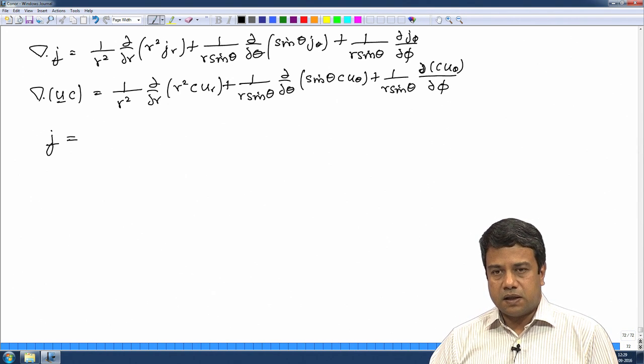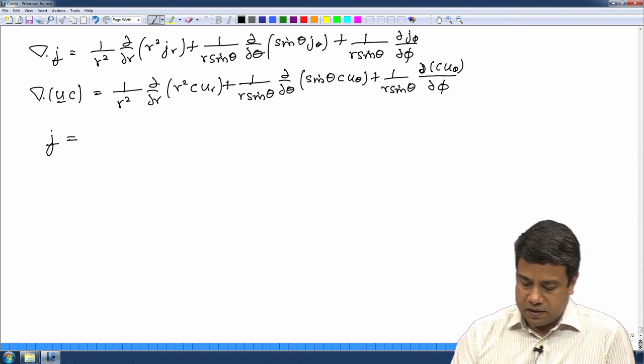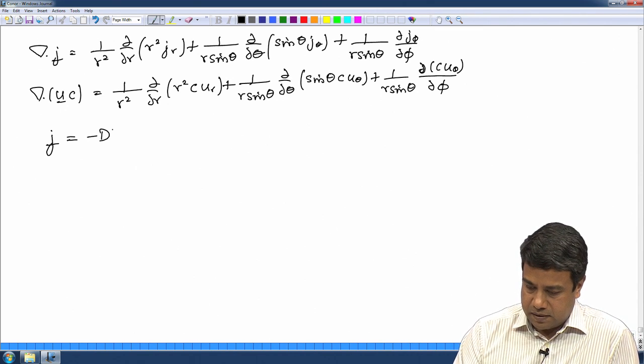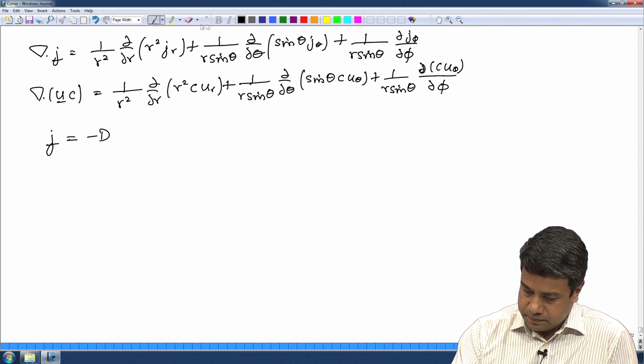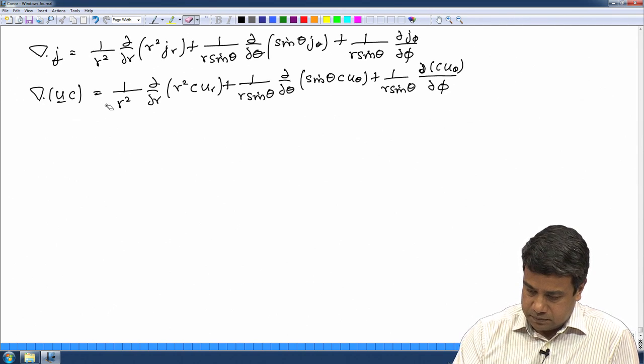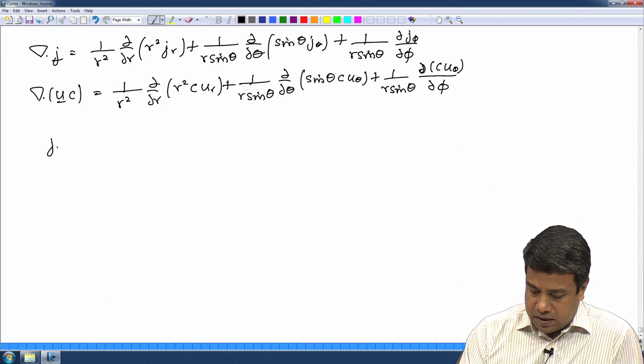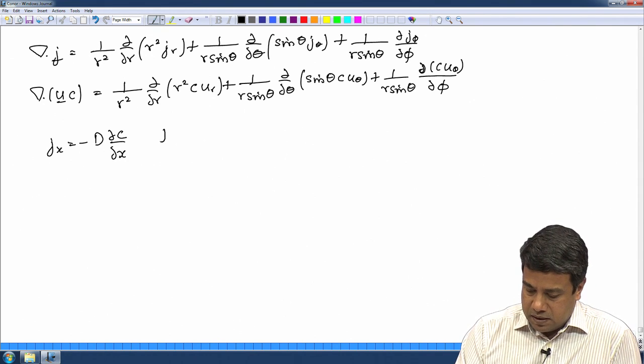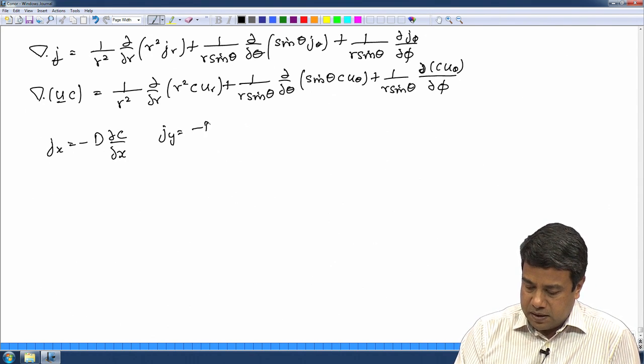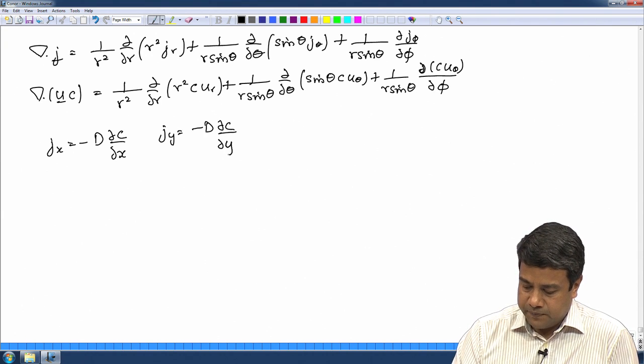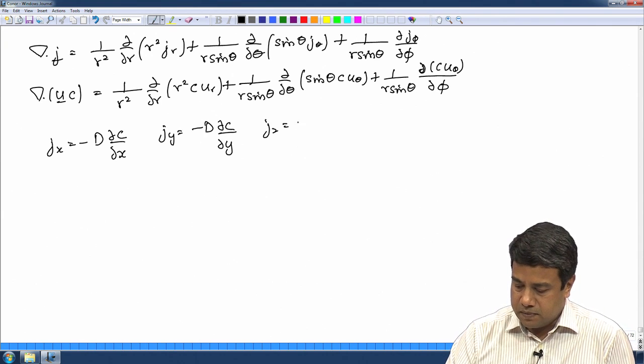In a Cartesian coordinate system, if you recall, this was quite easy. We had Jx is equal to minus d partial c by partial x, Jy is equal to minus d partial c by partial y, and Jz is equal to minus d partial c by partial z.